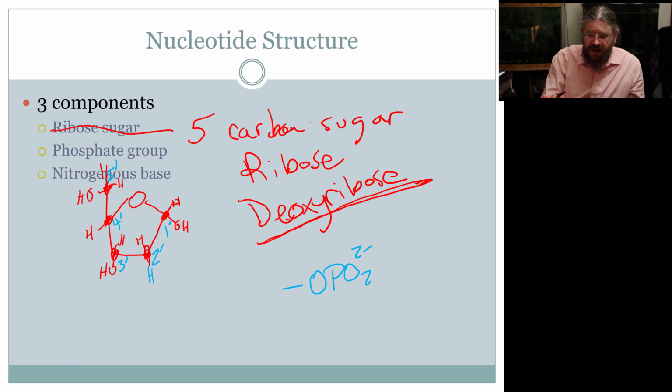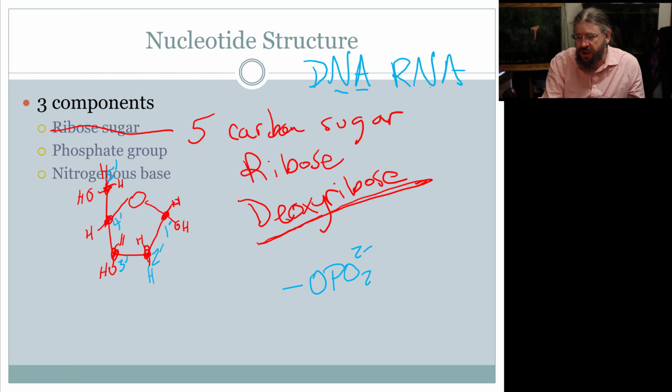So speaking of DNA, RNA, right? The naming scheme is pretty easy. NA is for nucleic acid, and then the D or the R tells you which 5-carbon sugar it has. DNA is deoxyribonucleic acid.